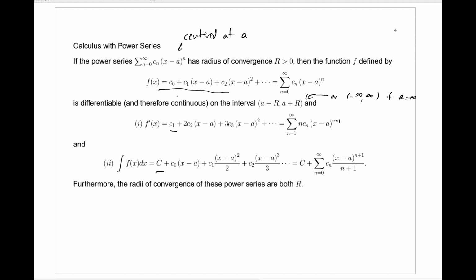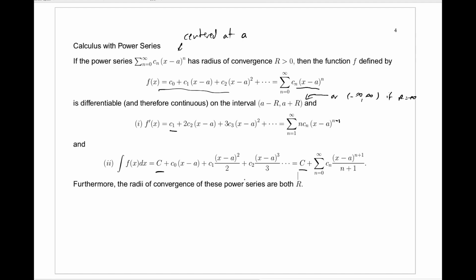We're writing it (x minus a) here because we're integrating to get a power series centered at a. The integral of c1 will be c1 times the quantity (x minus a) squared over 2. The integral of this will be c2 times (x minus a) cubed over 3, etc. In other words, when we integrate this term by term, we just get c sub n times the integral of this (x minus a) to the n, which is (x minus a) to the n plus first power over n plus 1. And don't forget our arbitrary constant C from the beginning there.